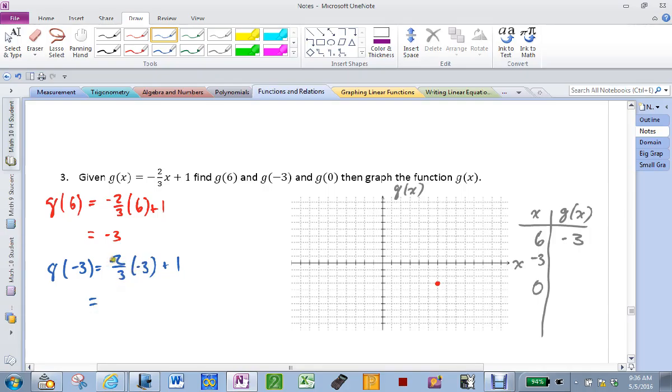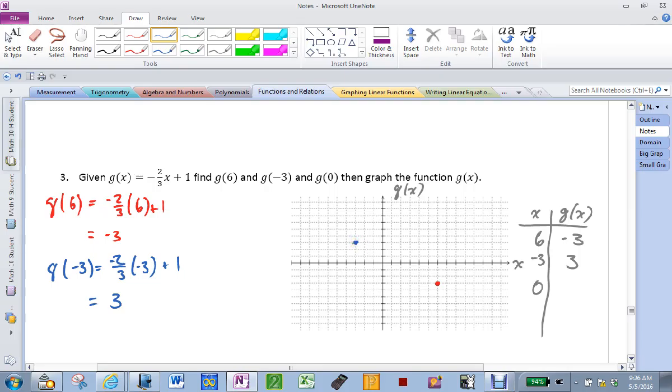Cancel. What happens to the negatives? Negative times a negative, positive, so that must be 2 plus 1, which is what? 3. So what's my next point on the graph? Negative 3 and 3. So I go ahead and I'm going to put a blue dot at negative 1, 2, 3 and up 1, 2, 3.